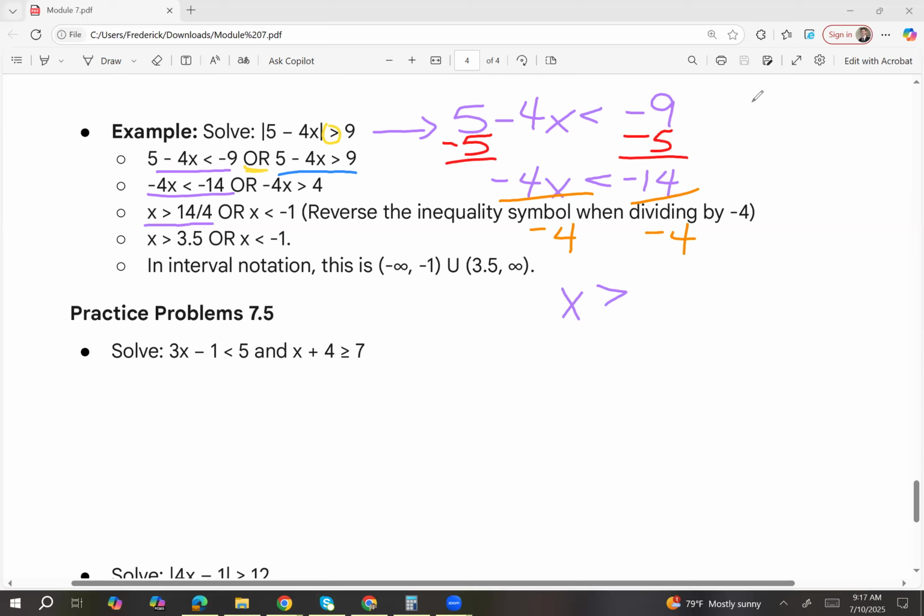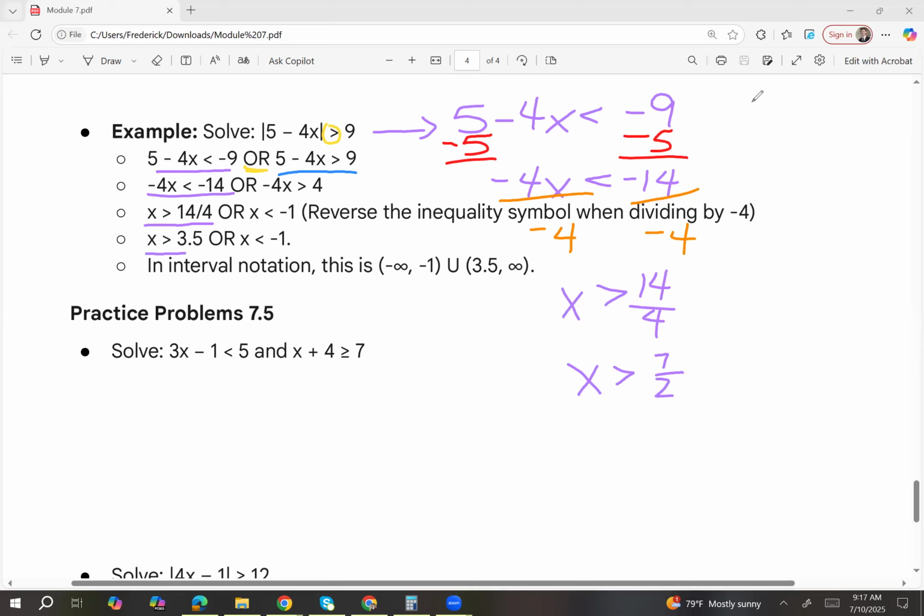-14 divided by -4, that's going to be positive since we have divided two negatives. And let's just express that 14 over 4 for now. That could be reduced by dividing 2 on the top for 7, 2 on the bottom for 2. Divide 14 by 2 for 7, divide 4 by 2 for 2. So that's one way of expressing it.